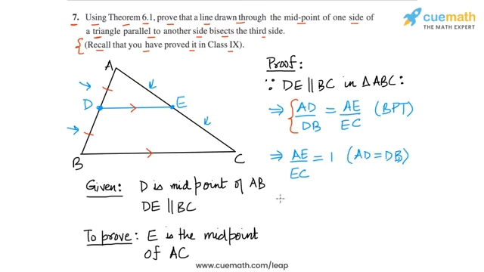And now if AE by EC equal to 1, this means that AE is equal to EC, and therefore we have proven that E is the midpoint of AC. Because AE equal to EC, E divides AC into two equal parts, so E is the midpoint of AC. So with this, we have completed our proof of question number 7.